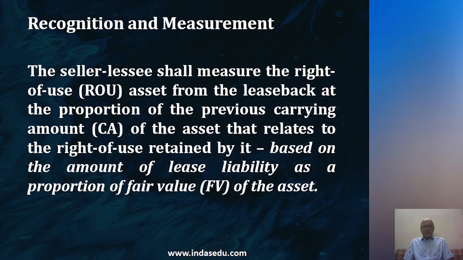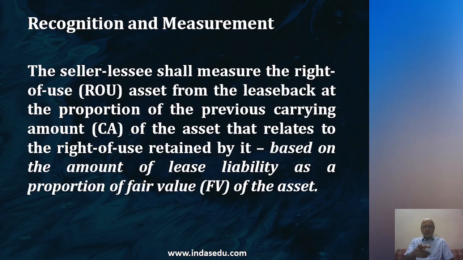Now, the standard does not prescribe a method for determining this. One asset is sold and leased back. It has two parts: the right of use retained and the rights transferred.